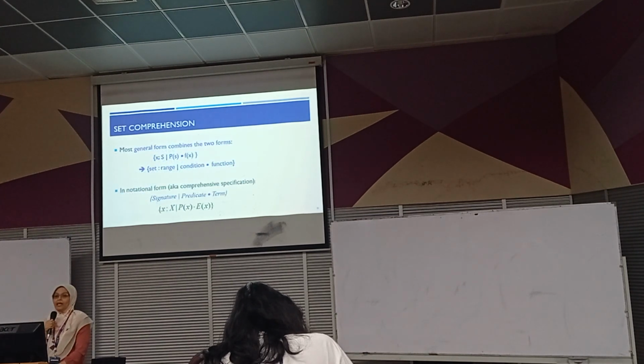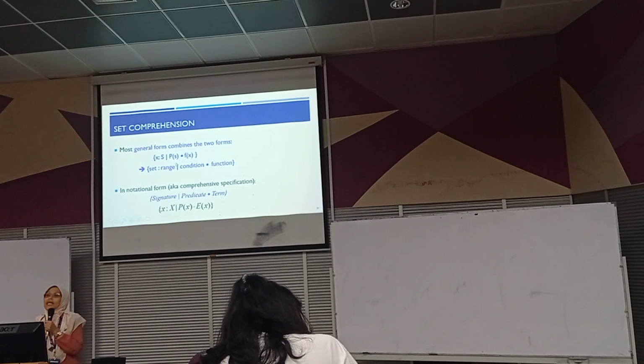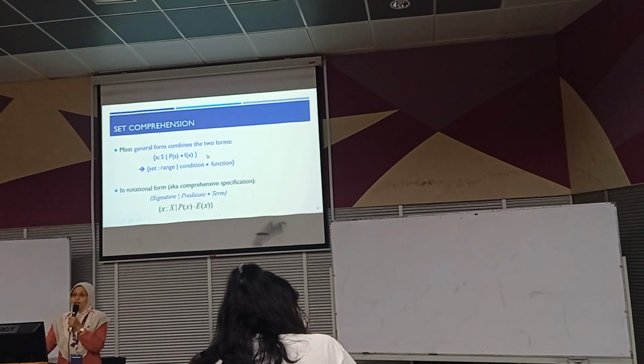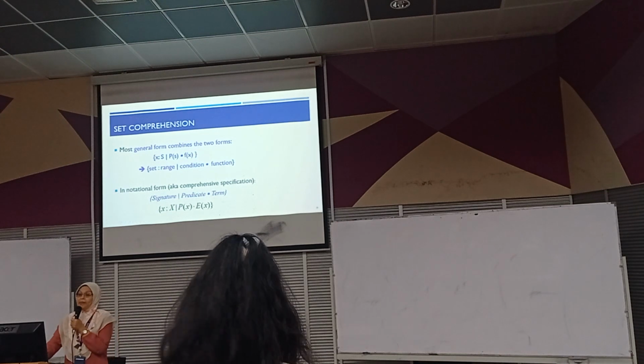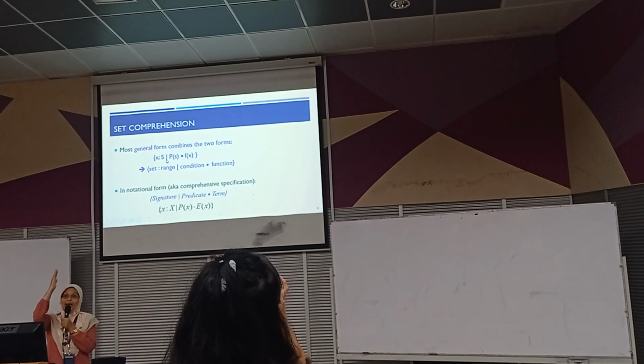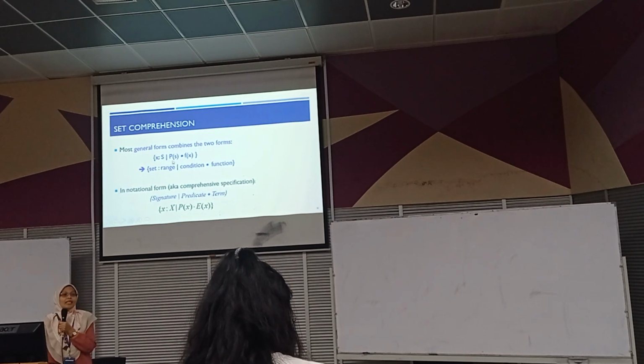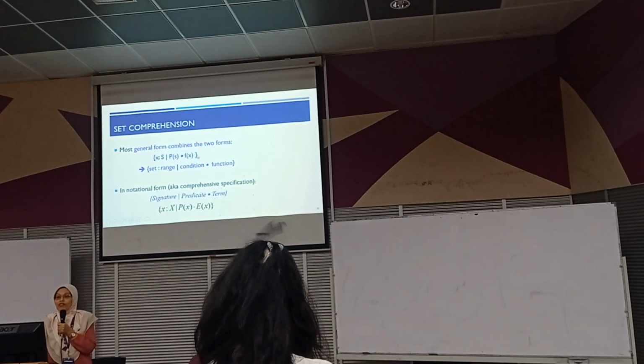So that is where we are going to use this form inside our set comprehension. This is the format. Of course, this is our variable. Then you put the bar. This is the way. Don't put the dot first. You put the bar first, and then your condition. Then the dot, then your function.